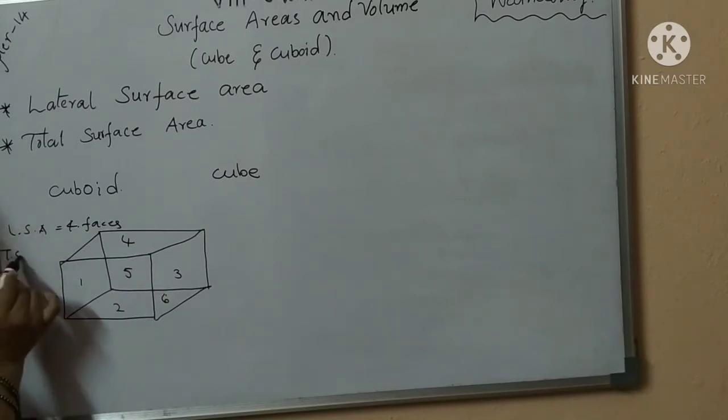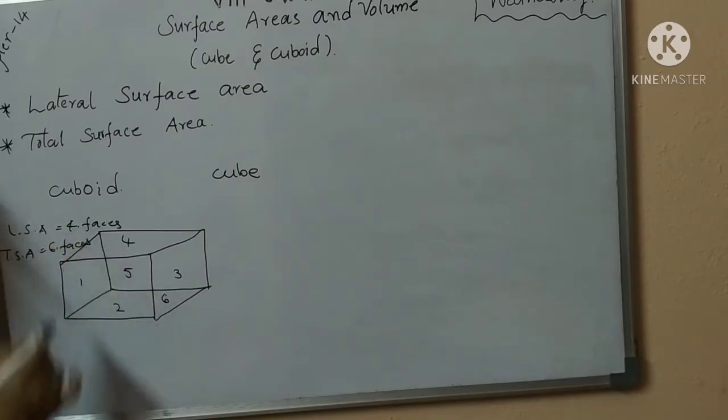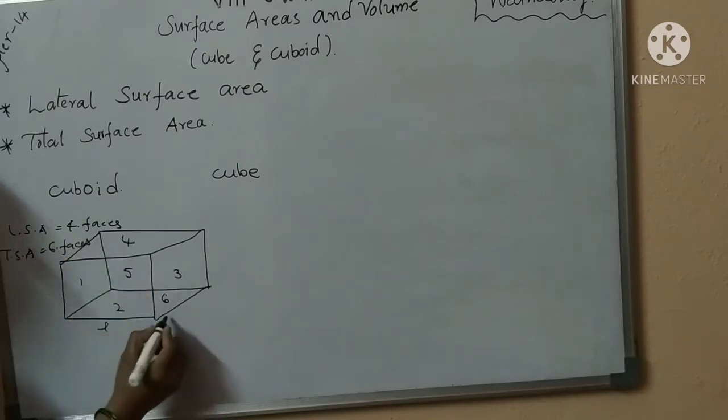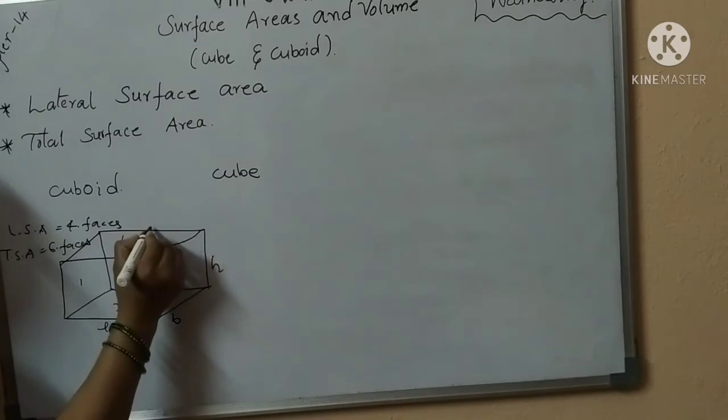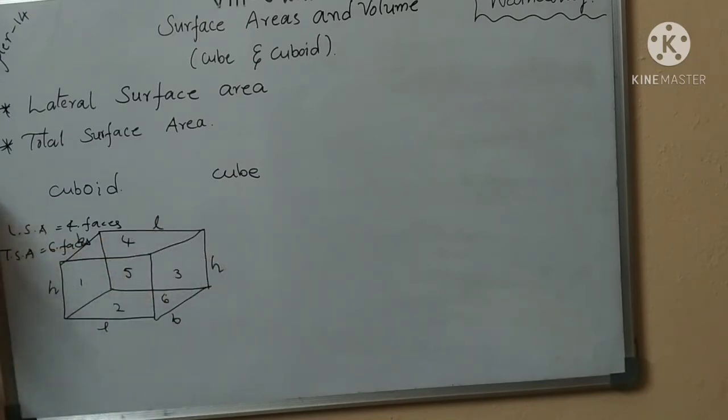Total surface area means 6 faces. Here we have length, breadth, height. Understand? So it is a cuboid, with lateral surface area and total surface area.